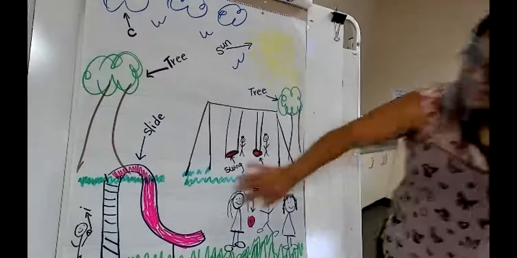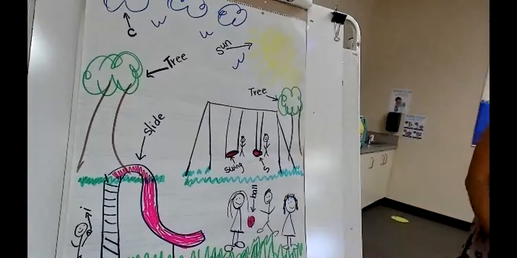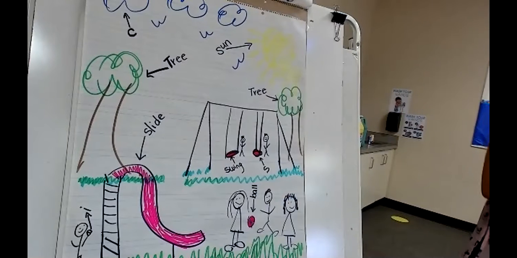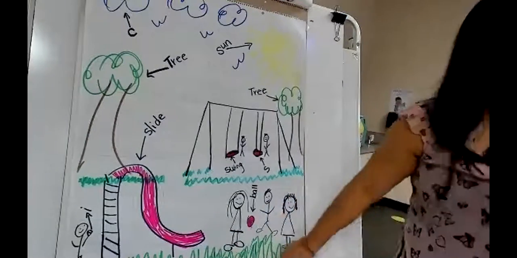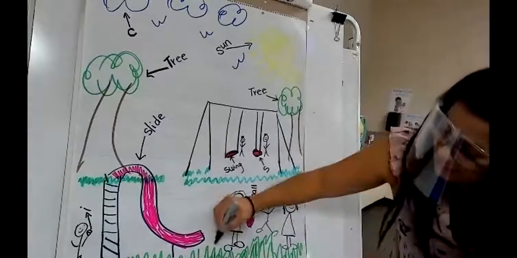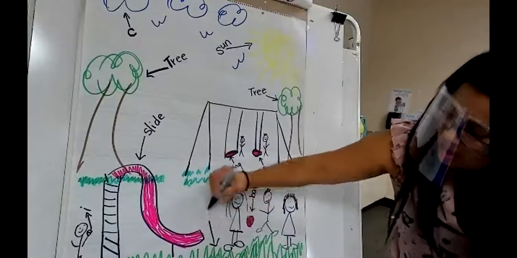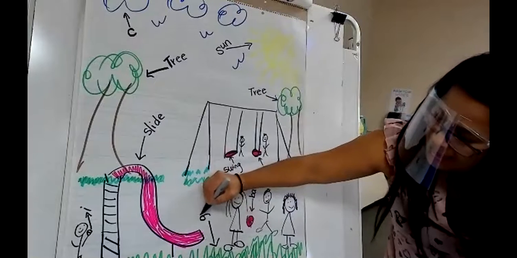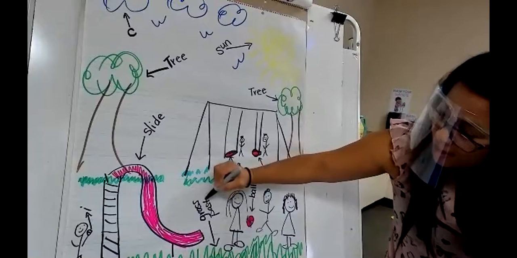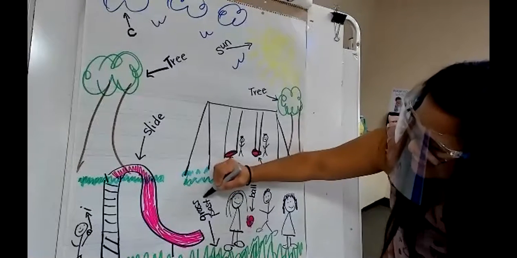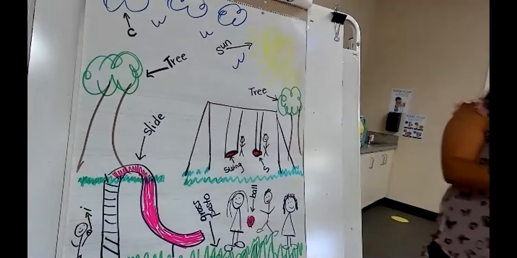What else? I see lots of stuff that we can still label. Yes. See, grass. Pasto. Yes. You can make an arrow and put grass, or in Spanish, pasto.